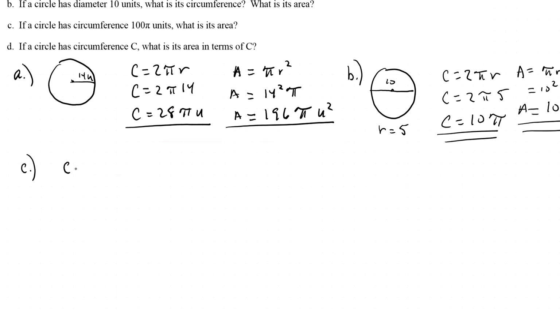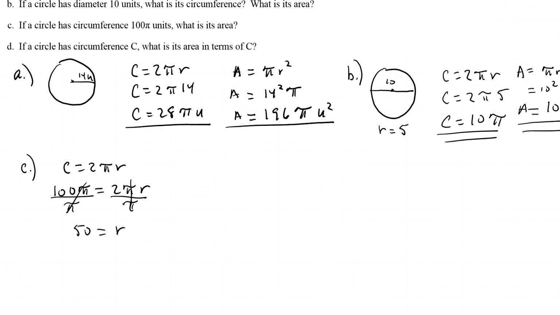Okay, so we know circumference equals 2 pi r, but they give us the circumference, so 100 pi equals 2 pi r. And one thing we notice, if I divide by pi on both sides, the pi's cancel, and then we can divide by 2 and we get 50.